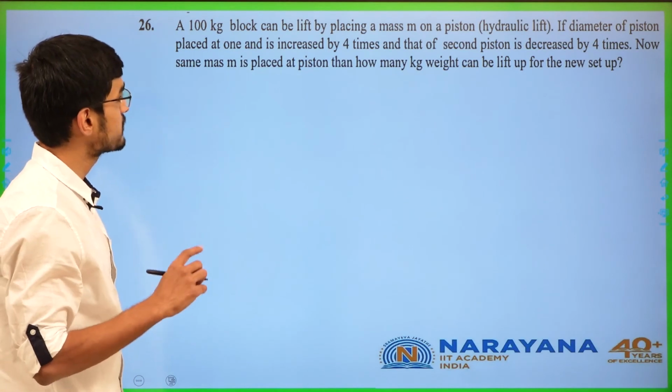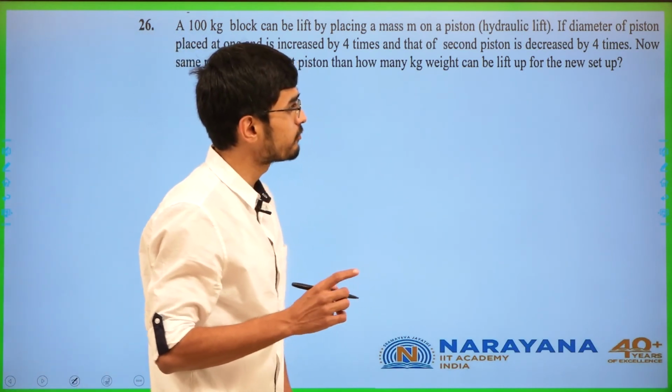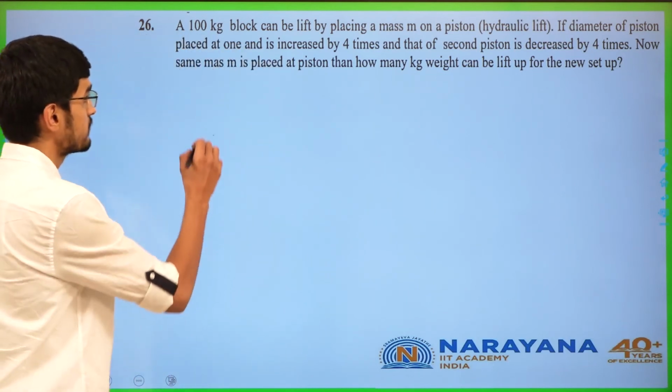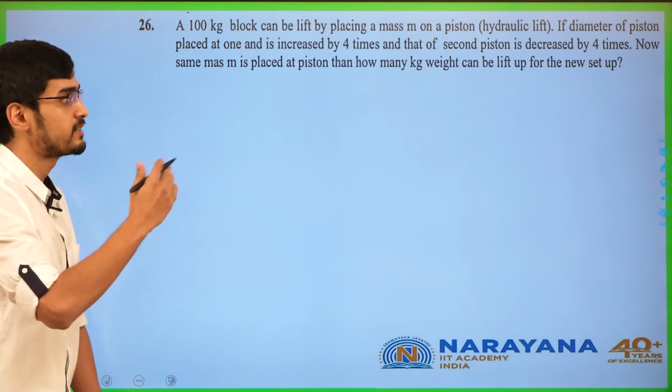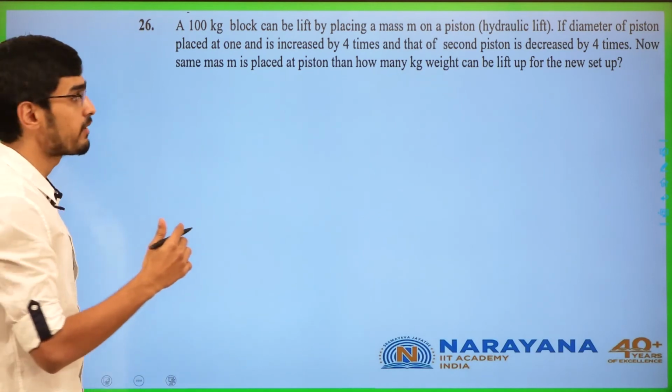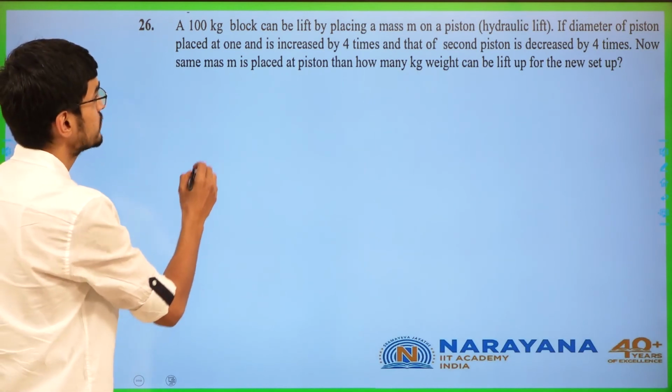Now the same mass m is placed at the piston. How many kg weight can be lifted up for the new setup? As we know, in a hydraulic lift setup, the change of pressure on both sides or both the columns should be equivalent. Suppose A1, A2 are the area values initially.